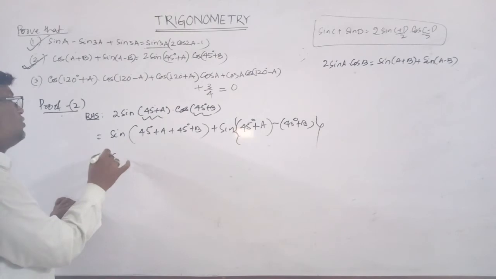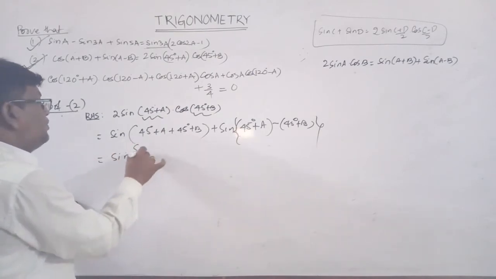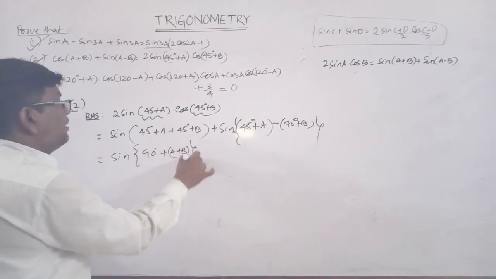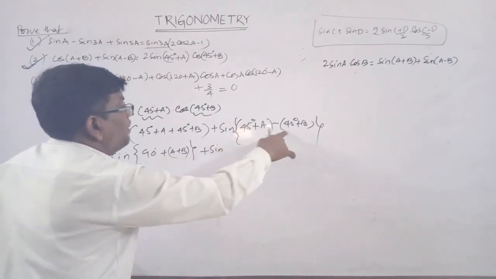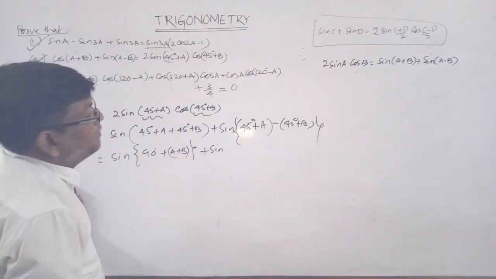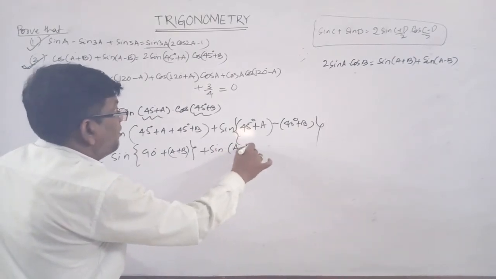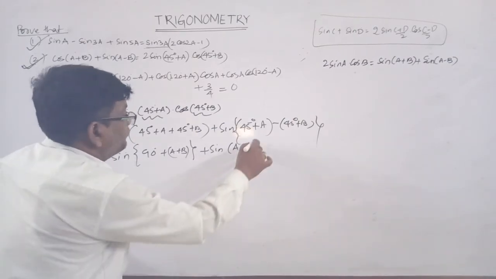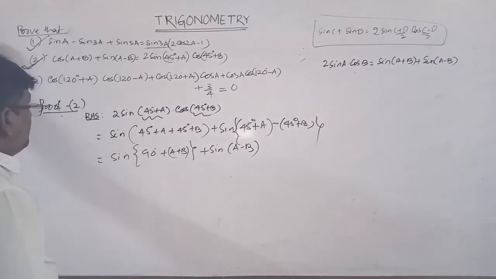So this is equal to sin (90 degree plus A plus B), and plus sin: the 45 cancels here, that is A minus B, sin (A minus B).